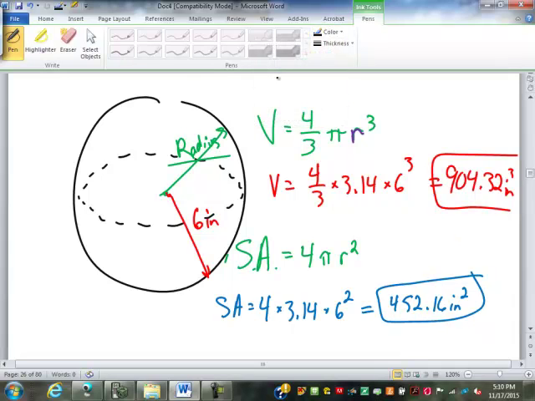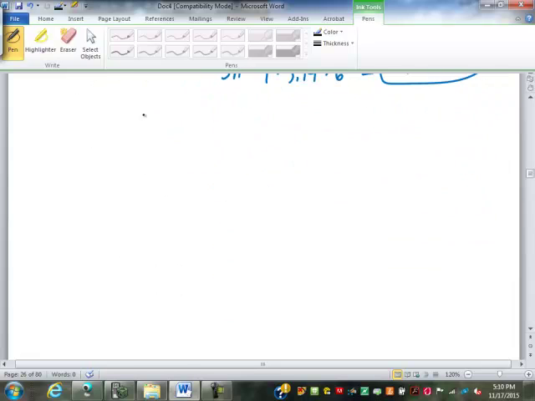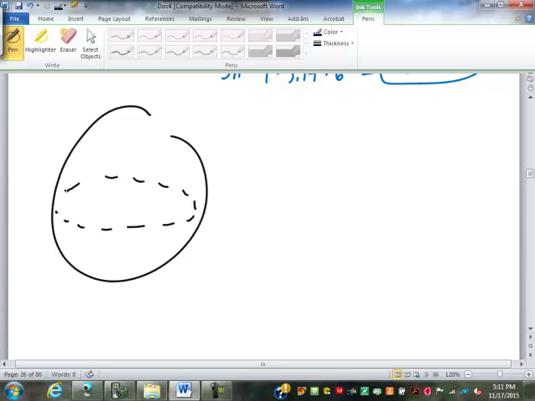We do have time for you guys to try a sphere. So let's have you try a sphere. Pretend that looks like a sphere. So 12 centimeters is my radius.